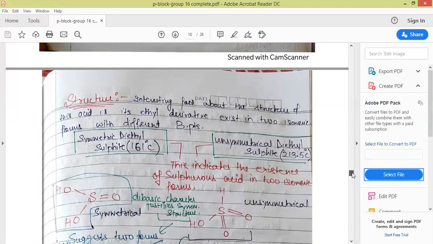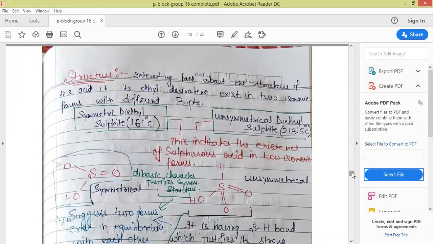Next, coming to the structure, there is an interesting structural fact that came from the following experiment: its ethyl derivative was found to exist in two isomeric forms with widely different boiling points. The ethyl derivative of this acid, that is diethyl sulfite, has two isomeric forms, symmetric diethyl sulfite and unsymmetrical diethyl sulfite.